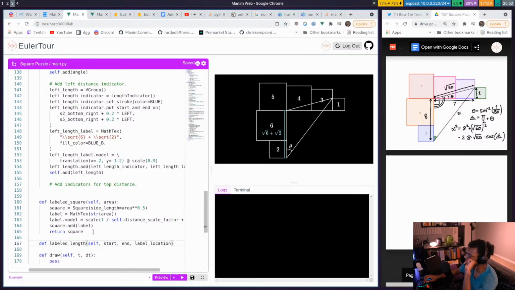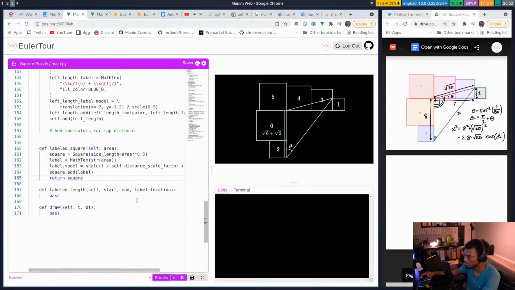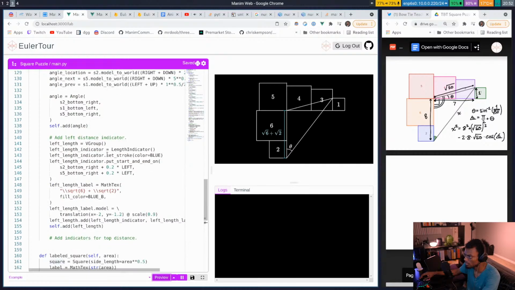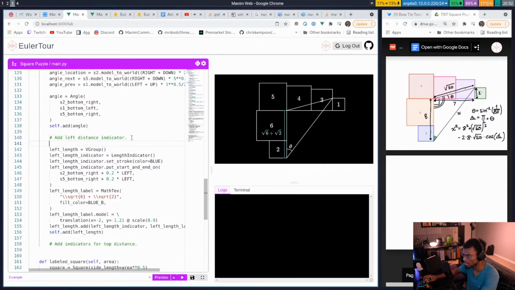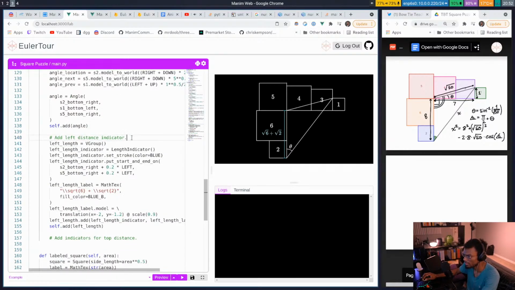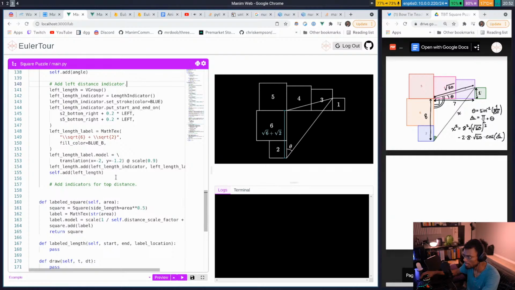I guess if I didn't... Yeah, I'll just have the label location. Yeah, and that's all. And then the goal is that eventually I want this to be just self dot get labeled length of whatever.